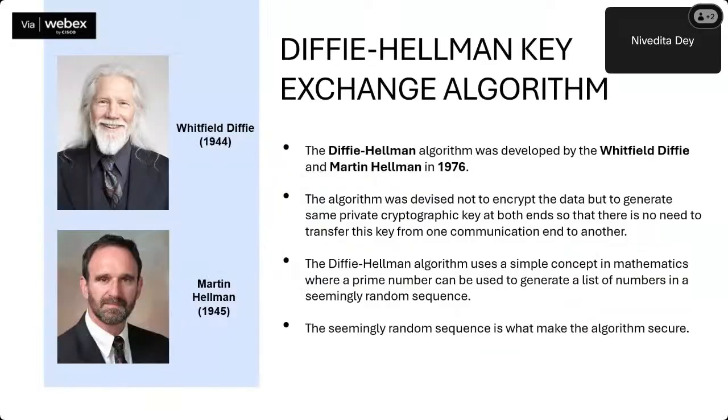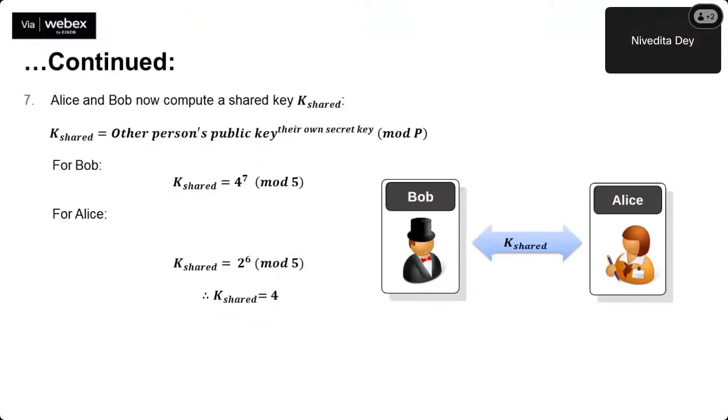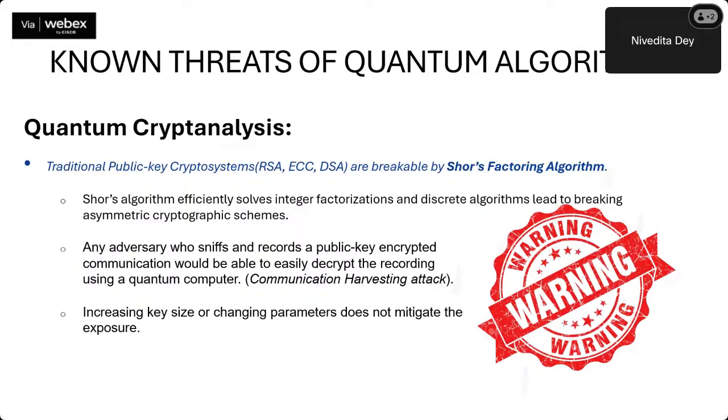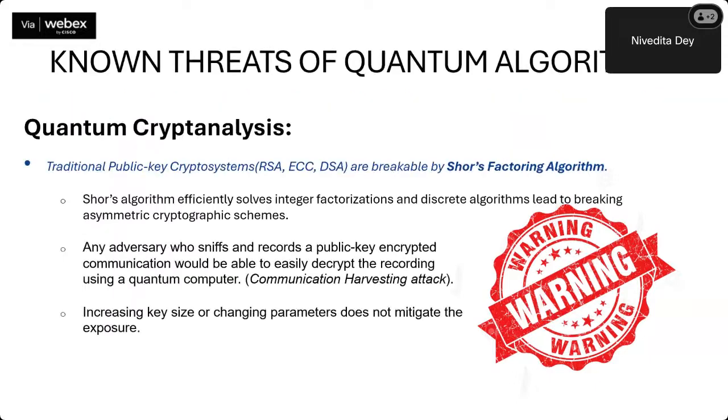Diffie-Hellman key exchange algorithm. Let me just explain these two slides to you. The known threat of quantum algorithms, instead of the slide, let us just understand it. First, let us understand this.